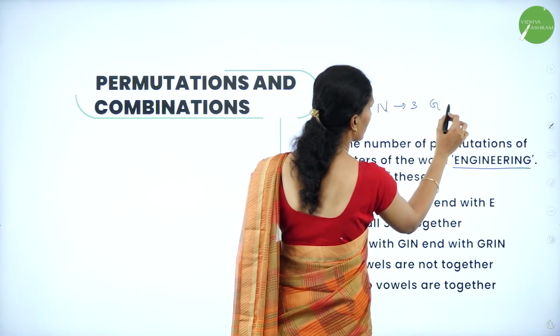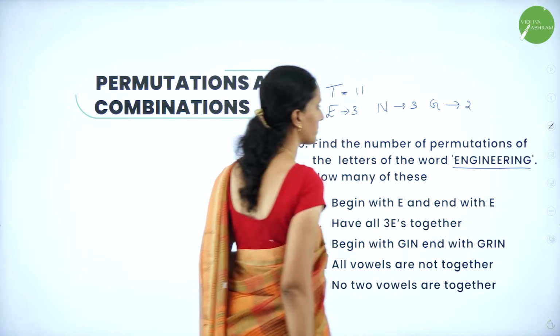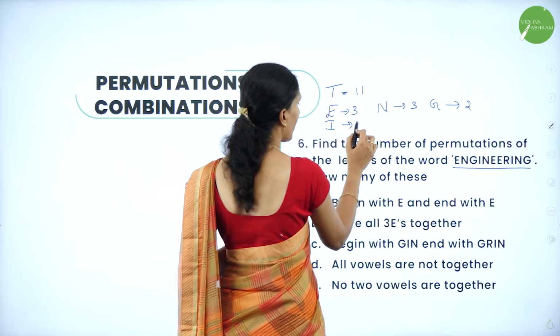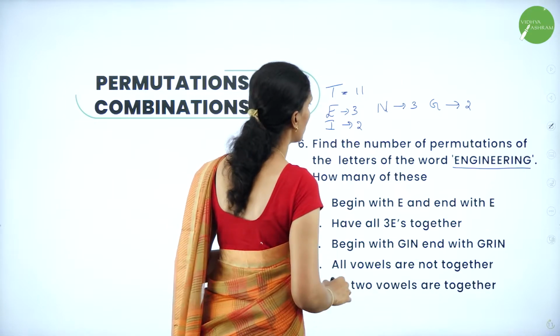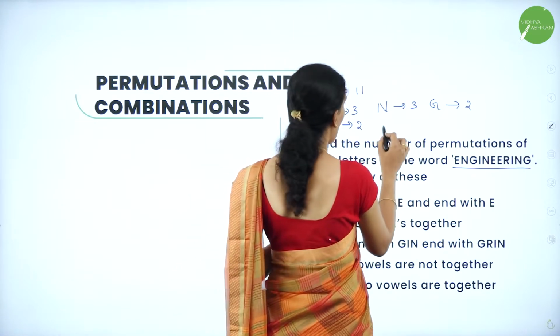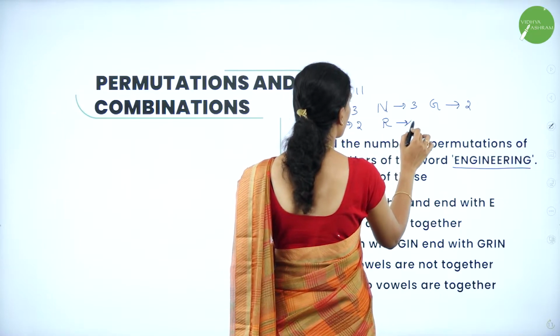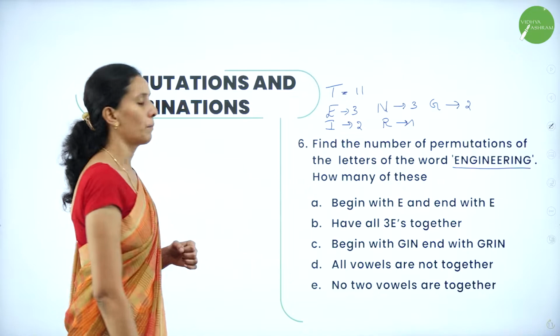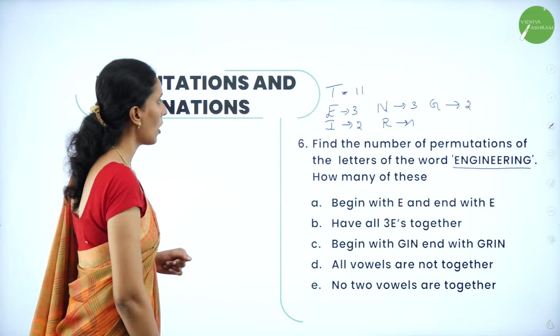G is repeated 2 times. I is repeated 2 times. And then R 1 time. So 3 plus 3 is 6, 6 plus 2 is 8, 8 plus 2 plus 1 is 11. So this is how the letters are repeated.